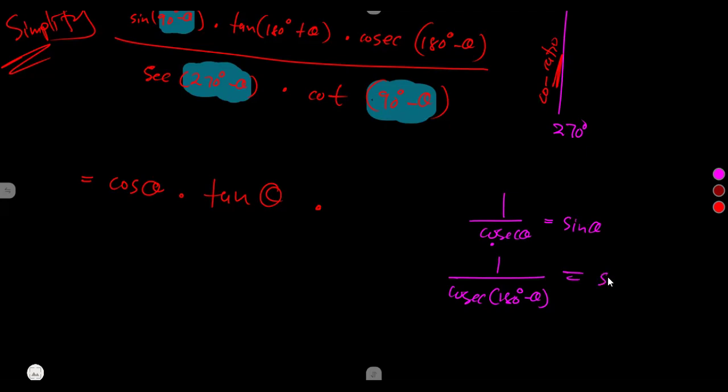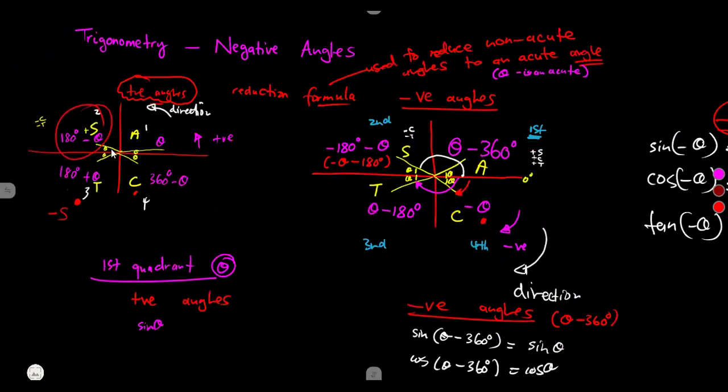So it was supposed to give us a sine of 180 degrees minus theta. So you ask yourself, the sine of 180 degrees minus theta is what? Which quadrant? Second quadrant, and sine is what? Positive there.